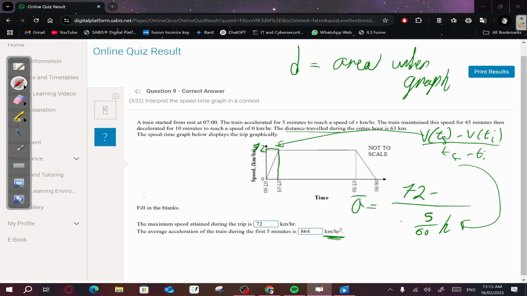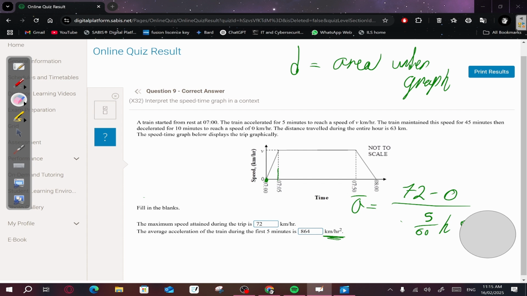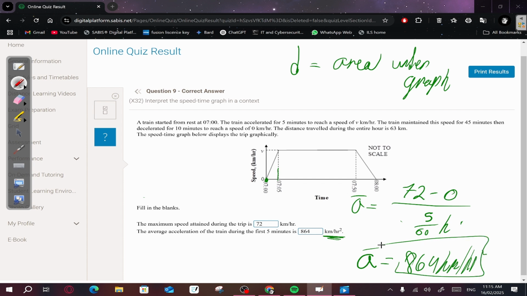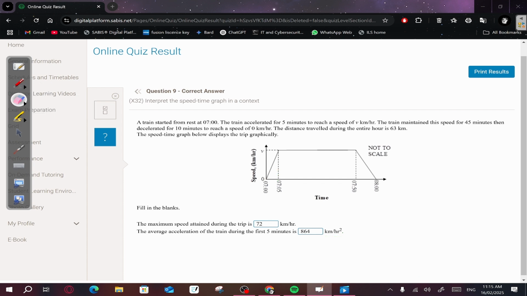The velocity at the initial time, which is 7 o'clock, is 0. Now do this on a calculator. A equals 72 over 5 over 60, which is 864 kilometers an hour squared. And this is our final answer. This is the end of the quiz. Yalla, good luck, guys.